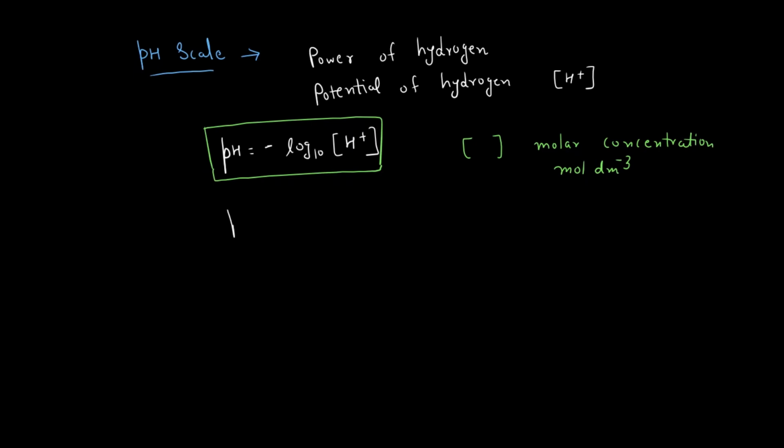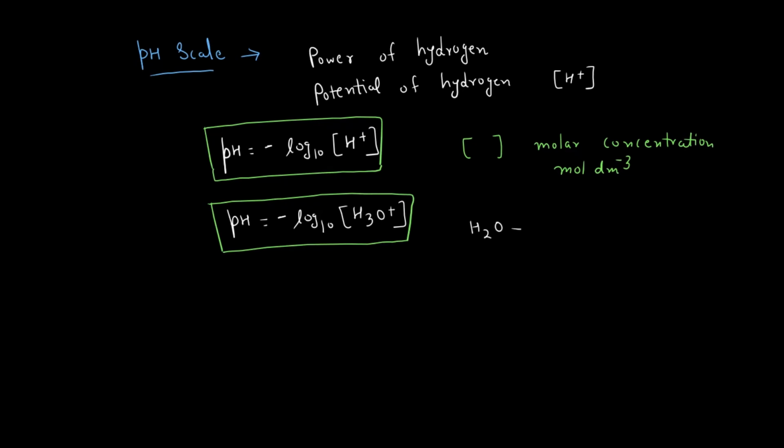This formula can also be written as pH equals minus log to the base 10 of H3O plus ion concentration. Why? Because H plus ion concentration is same as H3O plus ion concentration. Why is it like that? Because water can accept a proton and form H3O plus ion.